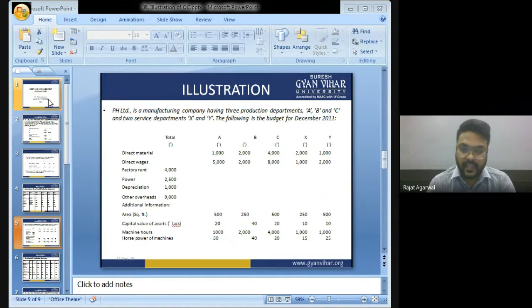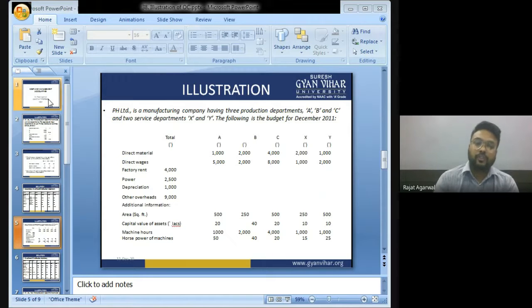Machine hours: A 1000, B 2000, C 4000, X 1000, and Y 1000. Horsepower of machines: A 50, B 40, C 20, X 15, and Y 25.